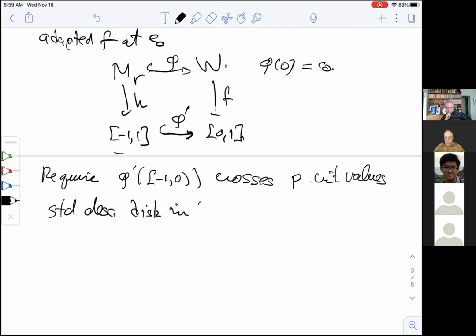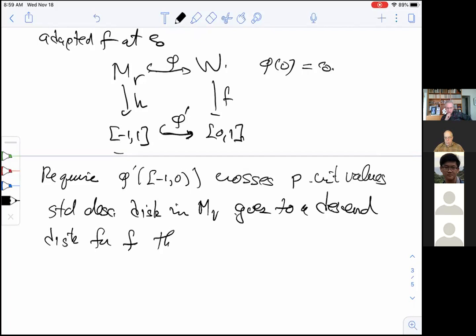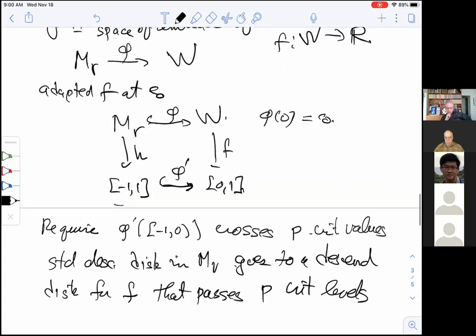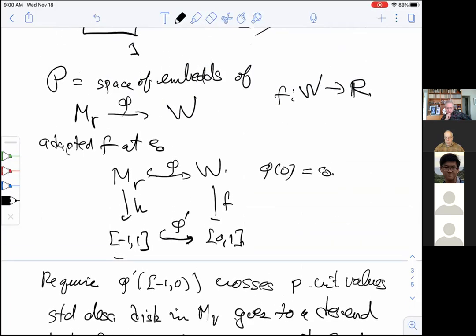in MR goes to a descending disk for F that passes P critical levels. So we're looking at embeddings, the space of these embeddings, and we're going to fix P and always require that.